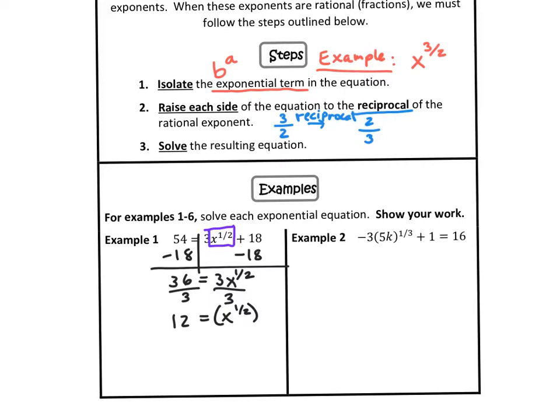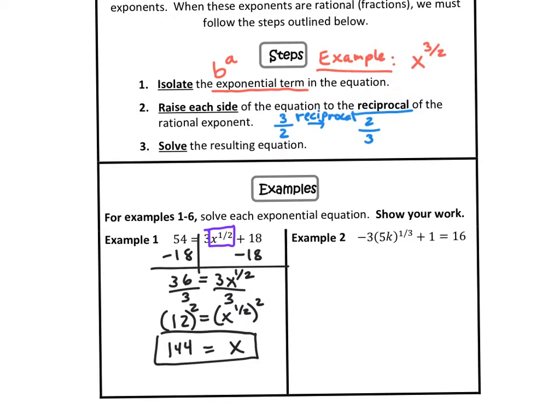So what I'm going to do is raise both sides of the equation to the power of 2. And what's going to happen is, on the right side, I get x, and 12 times 12 is 144. Awesome.